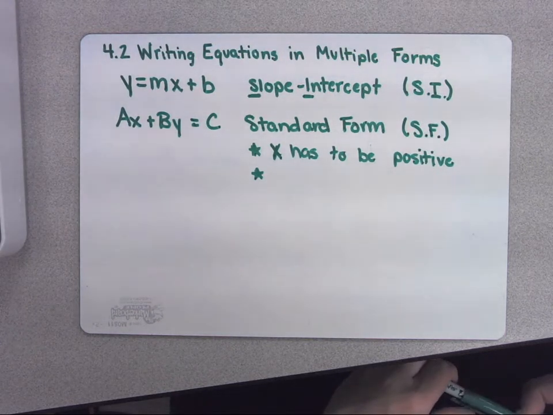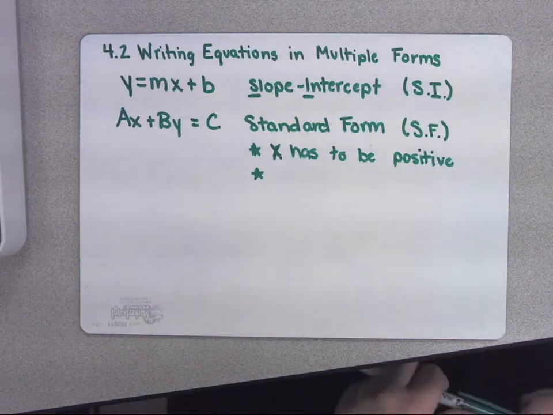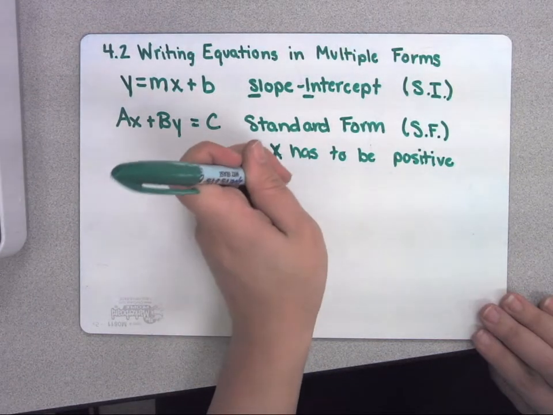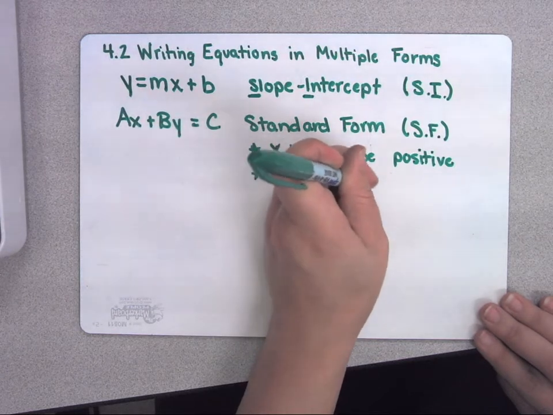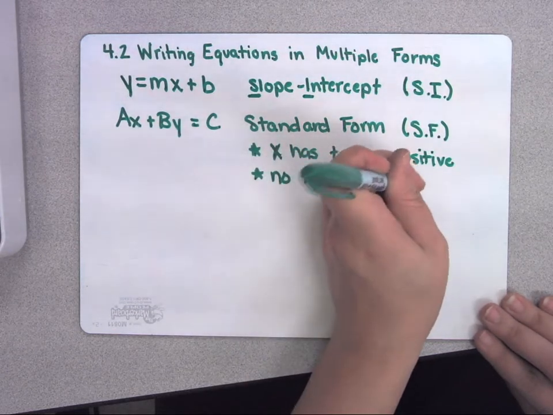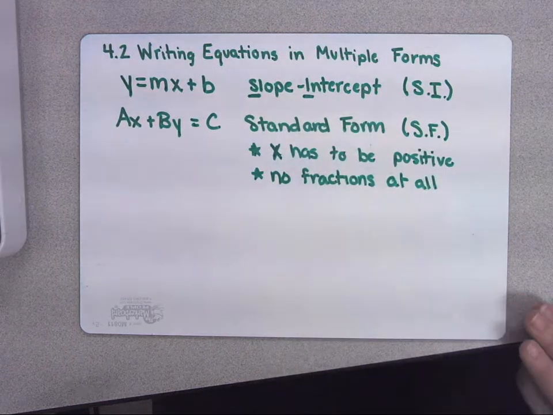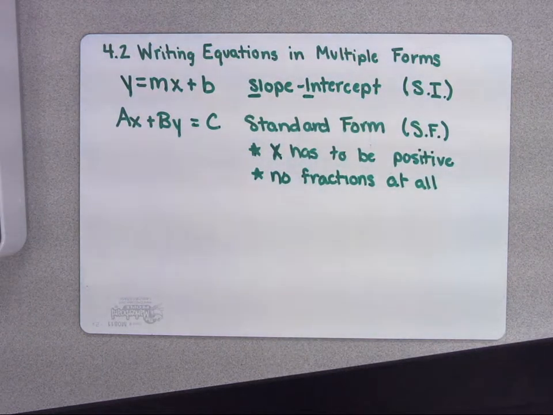Close. No fractions. We don't use decimals in this class anyway. No fractions at all. No decimals because this is math class. No fractions because this equation says so. That's the rules, and I'm going to show you how we do it.